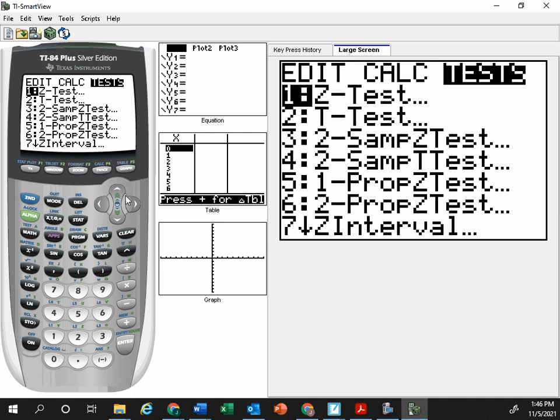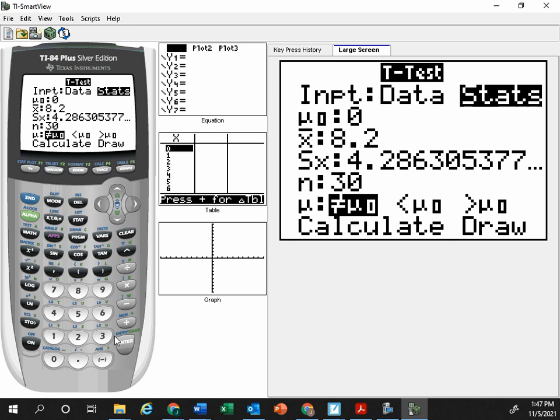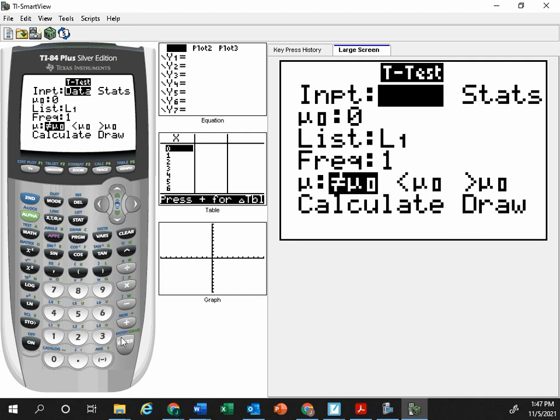Over to tests. What test do you think I'm going to pick? T-test, yeah. Okay, and you've got choices here. You can use data or you can use stats. And really, we could use either one because we calculated our stats. Let's use the data this time, though, because I don't think we did that last class.